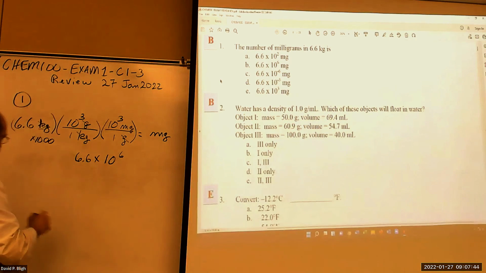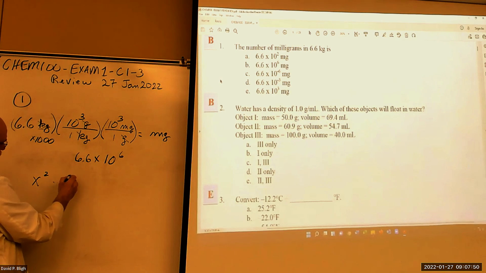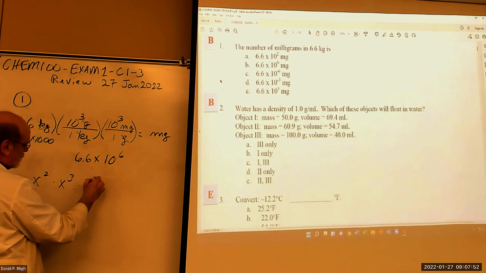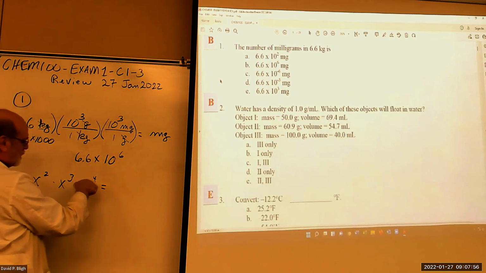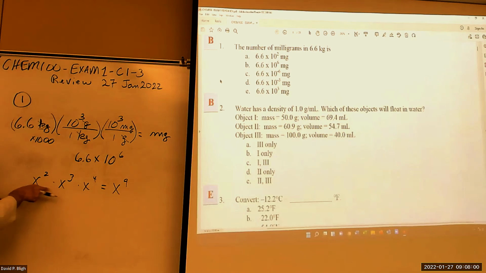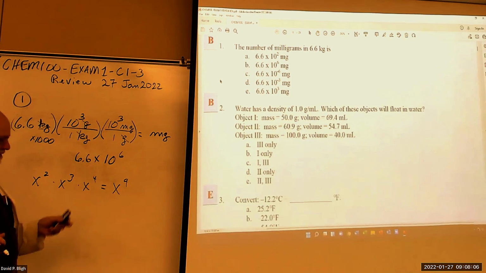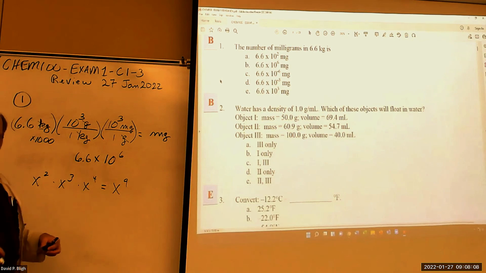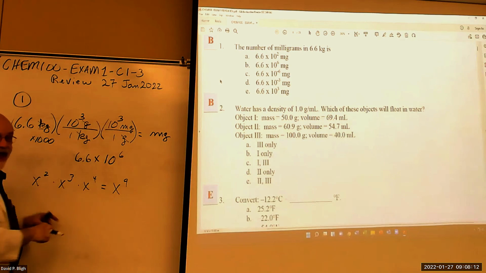If you multiply x squared times x to the third times x to the fourth, it's 3 plus 2 is 5 plus 4 is 9. Okay. As long as the base is the same. If it's a different base, then you gotta expand them and then put it together. But if the base is the same, you just add the powers.